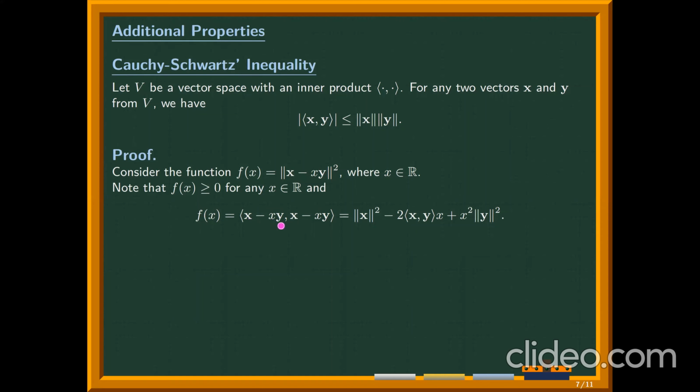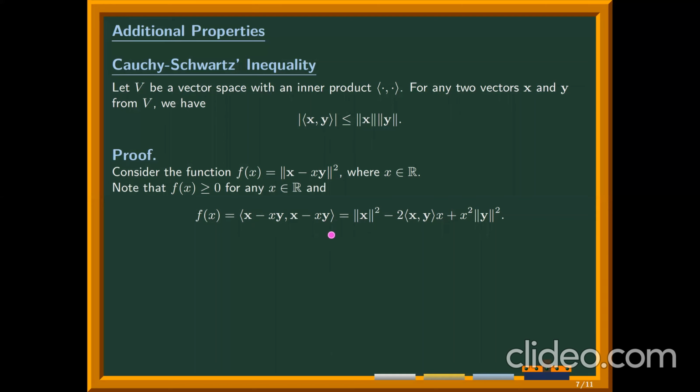So applying the properties of an inner product, this inner product equals the inner product of vector x with itself, that is the square of the length of x, plus the inner product of x with negative t times vector y.